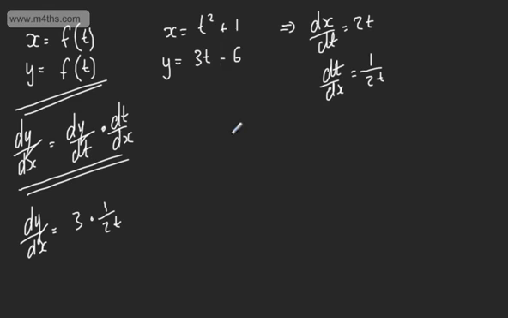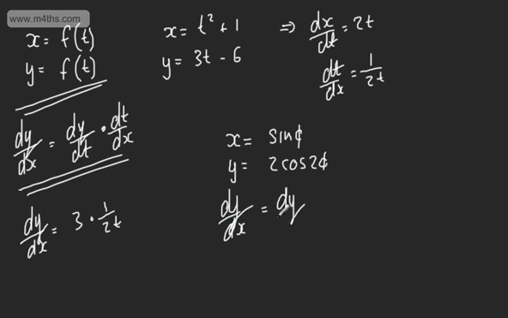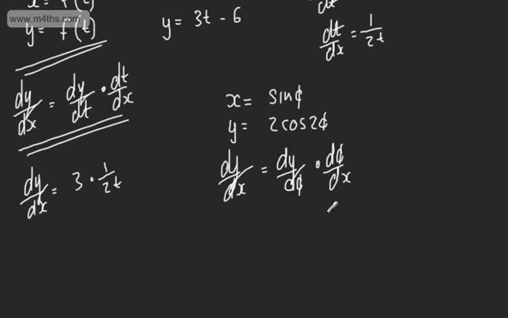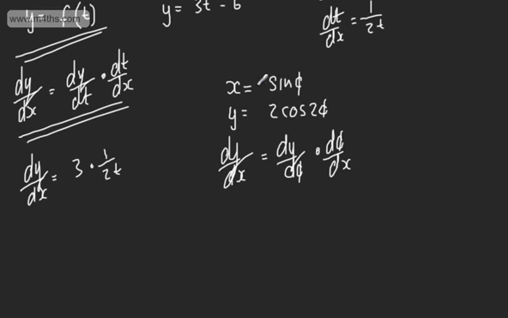So another example, x might be equal to, let's say we've got sine theta, and y would be equal to, let's say we've got 2 cos 2 theta. So if I want dy by dx, I want dy by d theta multiplied now by d theta by dx. So informally, I can simply do 1 over now the derivative of x with respect to theta.